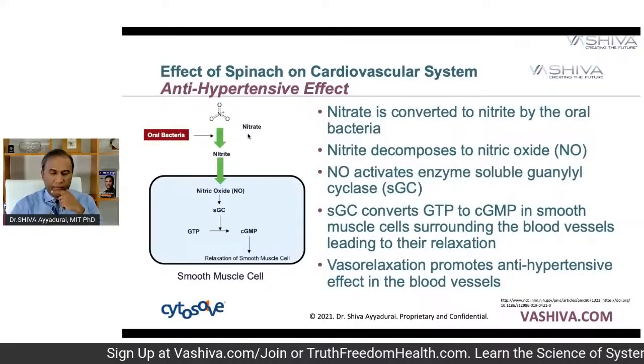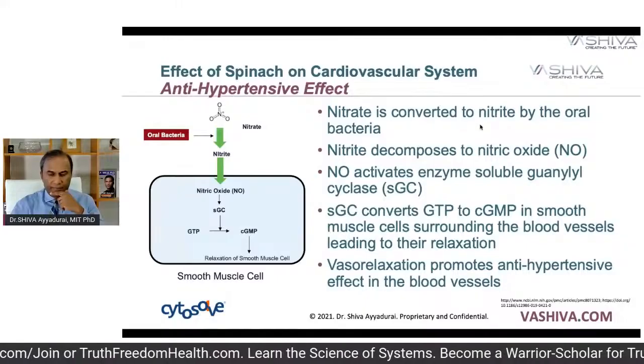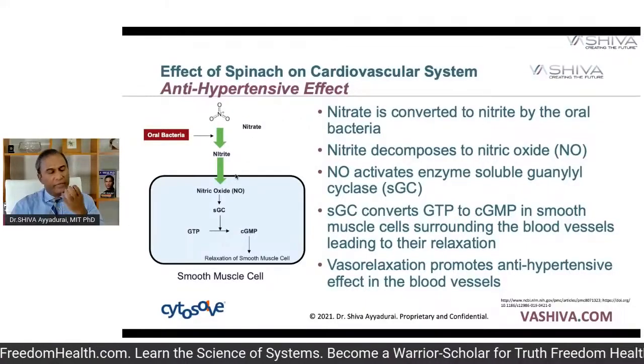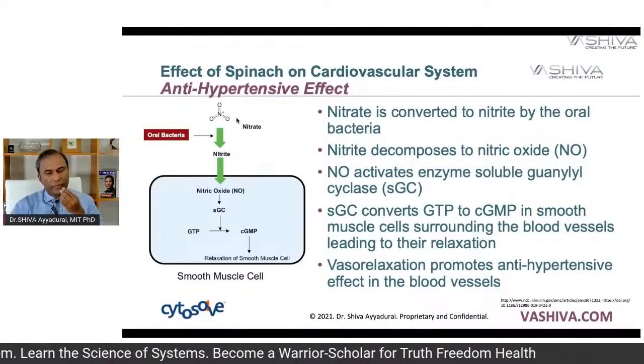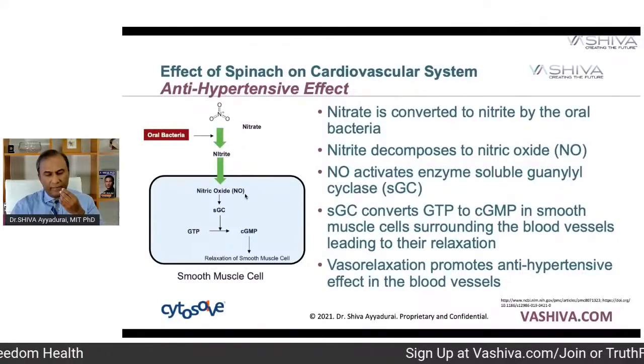So if you think about when you eat spinach, it's got nitrates in it. Nitrate is converted to nitrites. That's why you have to put food in your mouth. So when the food goes through your mouth, it gets converted to nitrite, okay? And this nitrite decomposes to nitric oxide, okay?